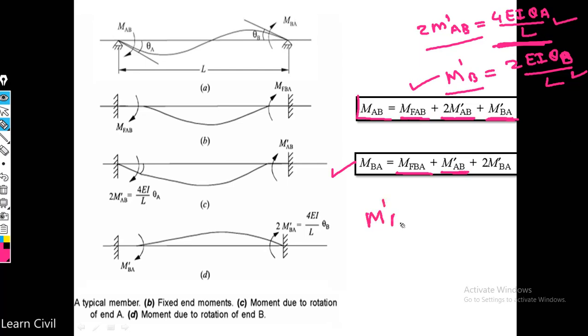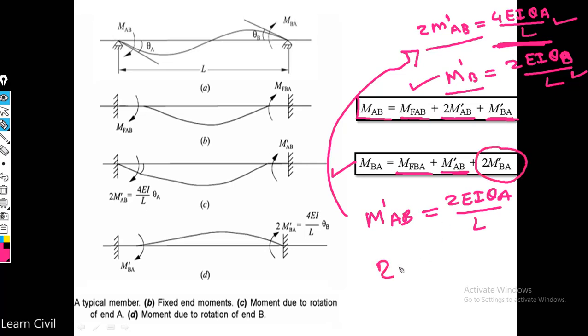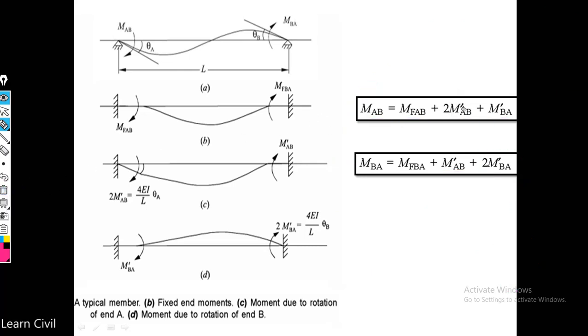Here M'AB is equal to 2EIθA divided by L. You can see this is the equation: MAB is equal to 2EIθA upon L, and 2M'BA is equal to 4EIθB upon L. So the equation is the same as that of the slope deflection method, only the difference is that instead of 4EIθA upon L, we will be writing 2M'BA.